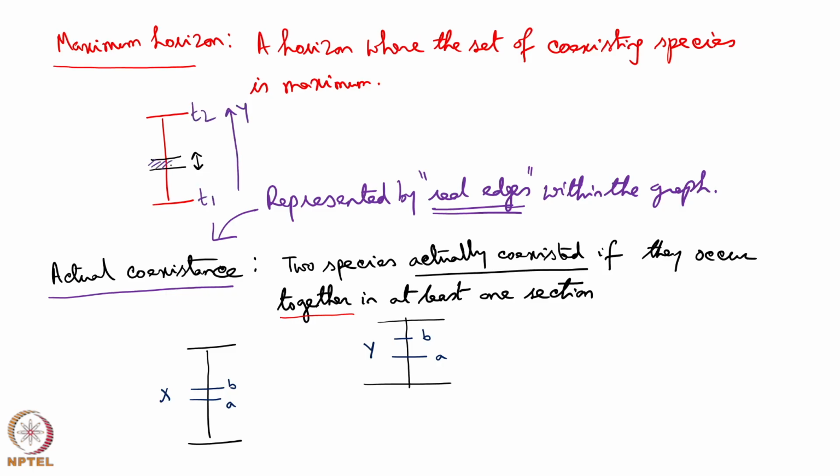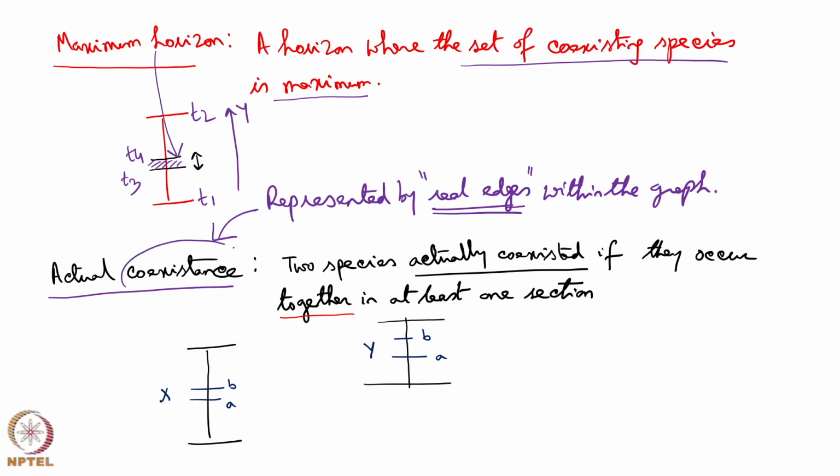Suppose within this range of time T3 to T4, a set of coexisting species and their number is maximum, then this zone is known as the maximum horizon. We will see a similar concept in biostratigraphic definitions.